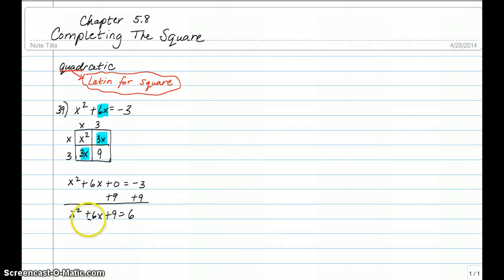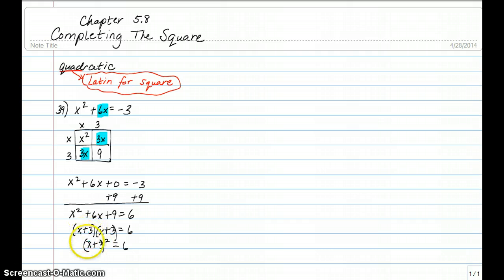Well, x squared plus 6x plus 9 is these dimensions, x plus 3 times x plus 3, equaling 6. X plus 3 times x plus 3 is x plus 3 squared, equaling 6. Well, I want to get x plus 3 isolated, so I'm going to go ahead and take the square root.